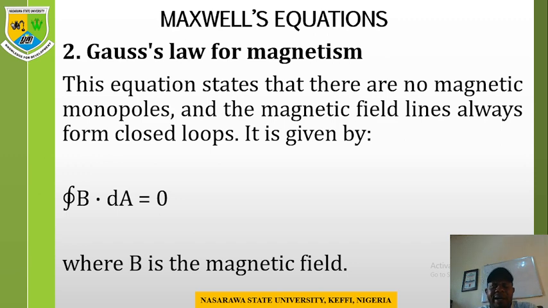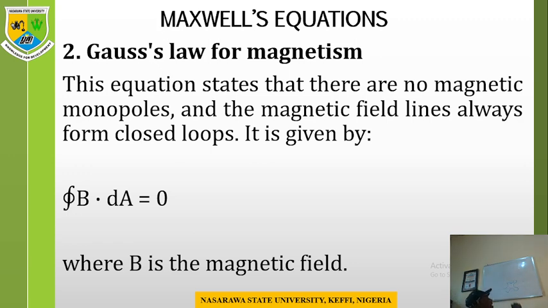A closed loop is something in the form of a circle, but not really a circle. If you draw something, even though it's not a circle, that begins from this point and ends at that point, it means it is closed.